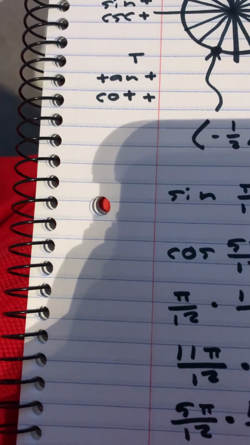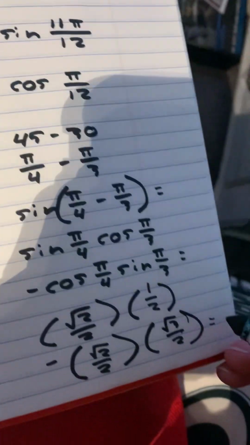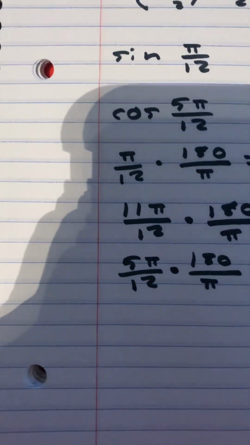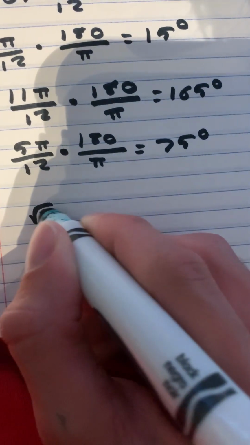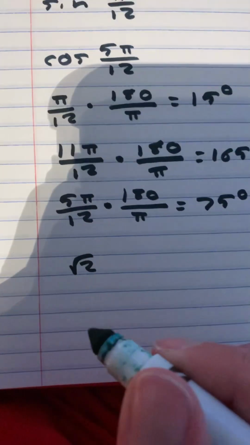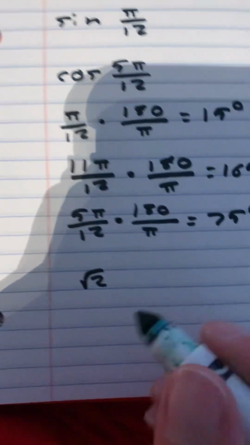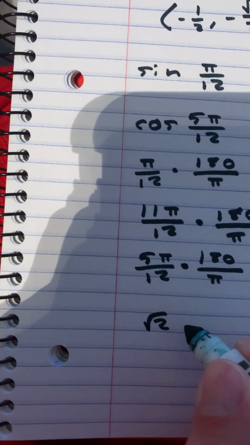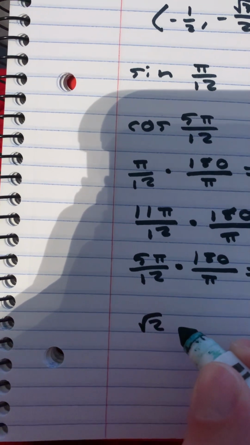And I've run out of room, but that's okay. I will still put my equal sign here. So what do you have? Square root of 2 times 1, which is just the square root of 2. And you've got, wait a minute.